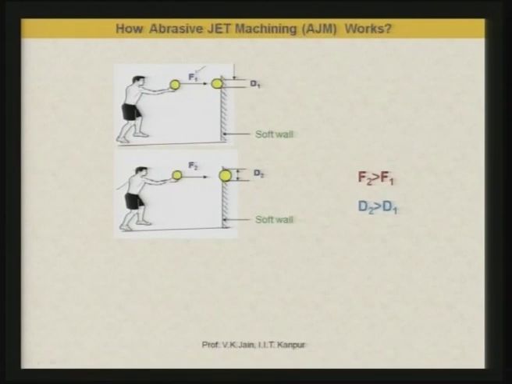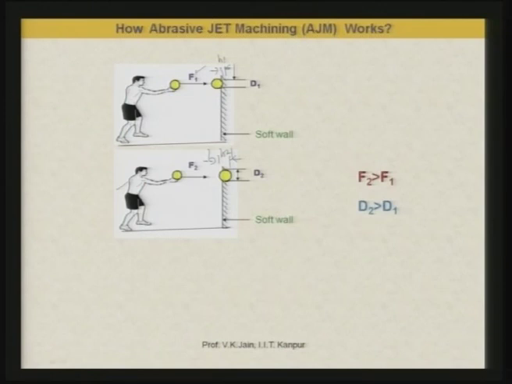As you can see here, H2 is larger than the depth of penetration in case of the force F1. So, this will depend upon with what velocity person 1 and person 2 are throwing the ball.